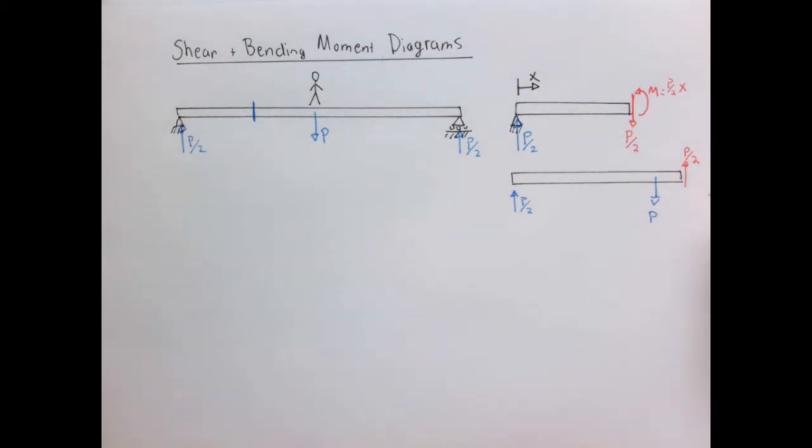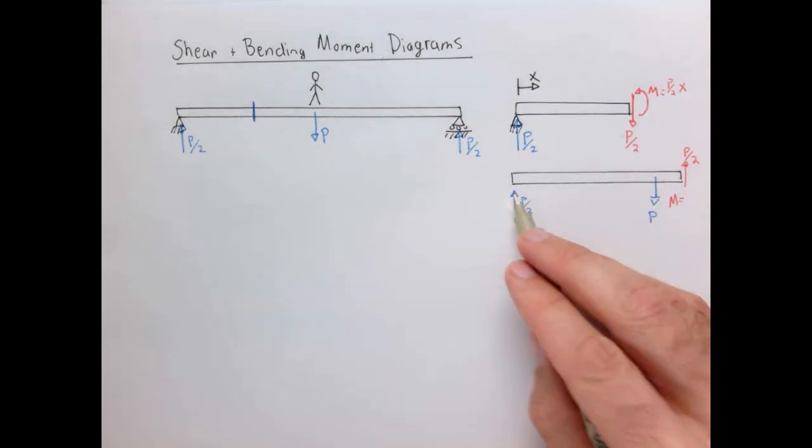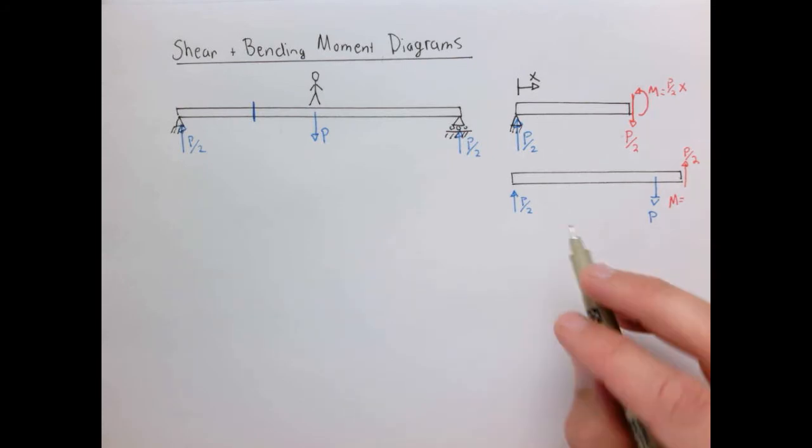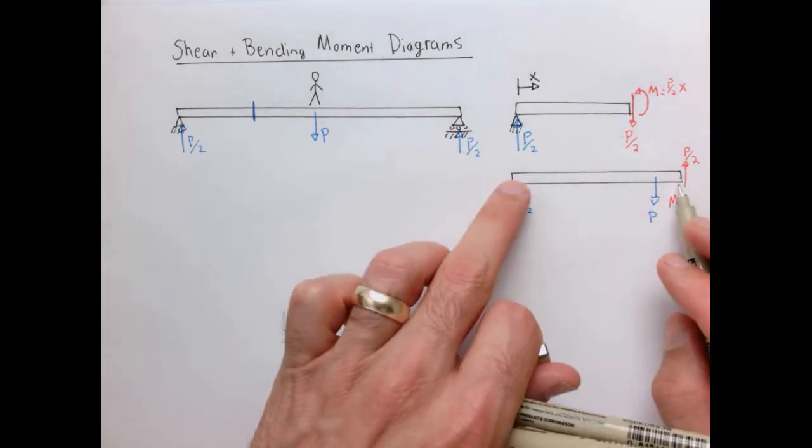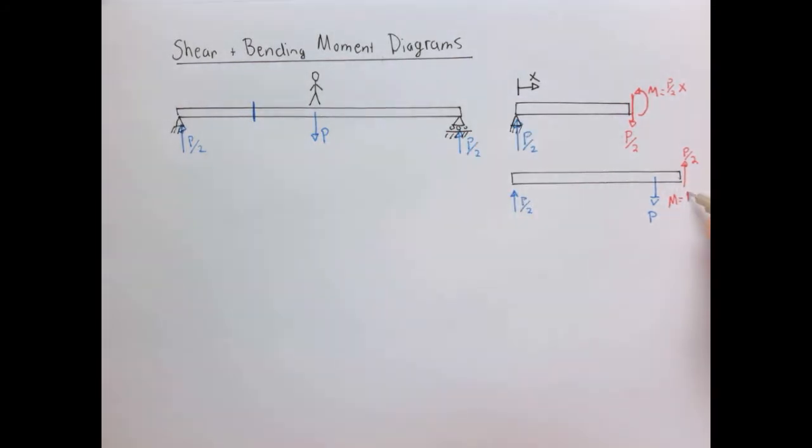And if we work out what the bending moment has to be, well, we still have a contribution of P over 2 times x, right? This force times distance. But we have another one which is going in this direction, which is going to be in the negative direction, so I'll call that minus P times x minus L over 2, where L is just the length of the beam.